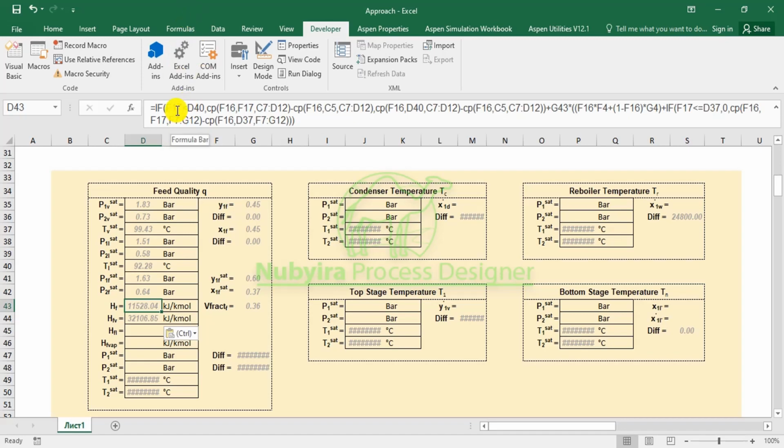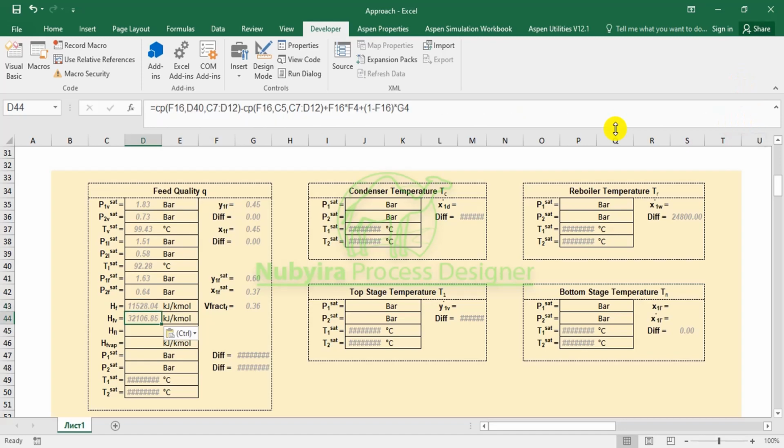So you have the temperature of the feed is lower than the dew point, you understand? So it's not going to include all these calculations for the dew point's contribution to the enthalpy. Now this is for the vapor.